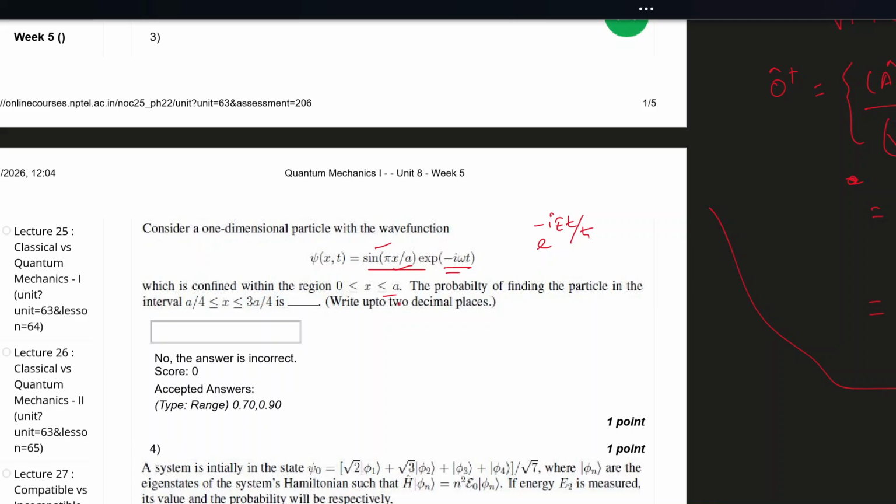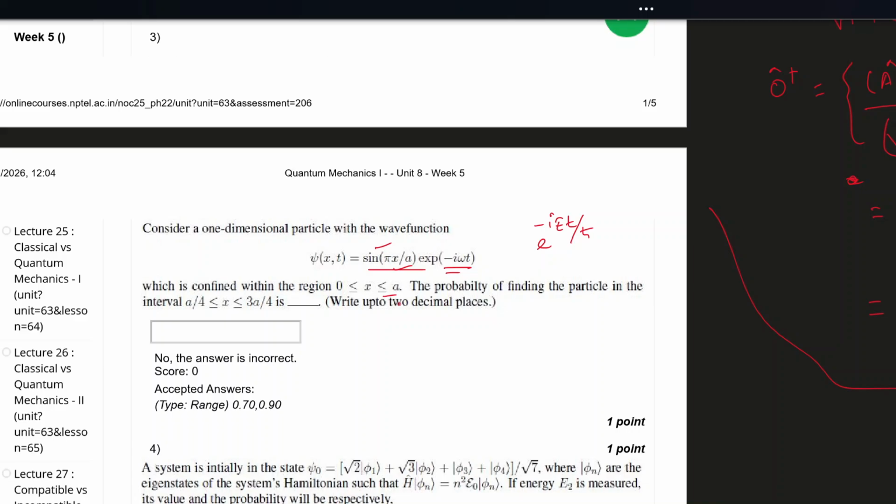But the probability has to be specified by you in a particular interval of x, which is from a/4 to 3a/4. Now, the technique to do that is that basically you have to take the ket psi and bra psi, this whole normal inner product, and solve it in an integral form, right? So after doing that, you have to take the integral limit from a/4 to 3a/4, whatever range is given to you.